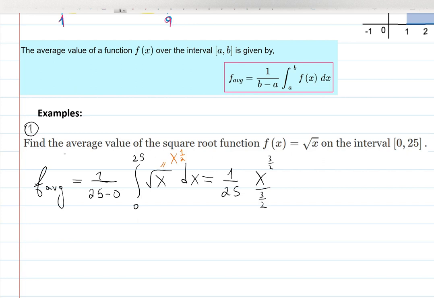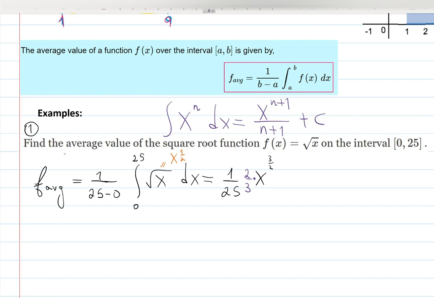If you're already good at integration, then you know that when you divide by this fraction, you actually multiply by the reciprocal right away. That will save you some time. So we're dividing by 3/2. That's the formula for how to integrate x to the n dx: add 1 to the exponent and divide by the number you got, plus c.